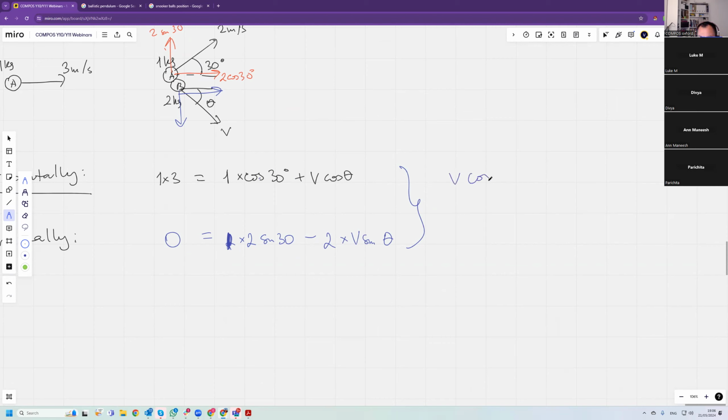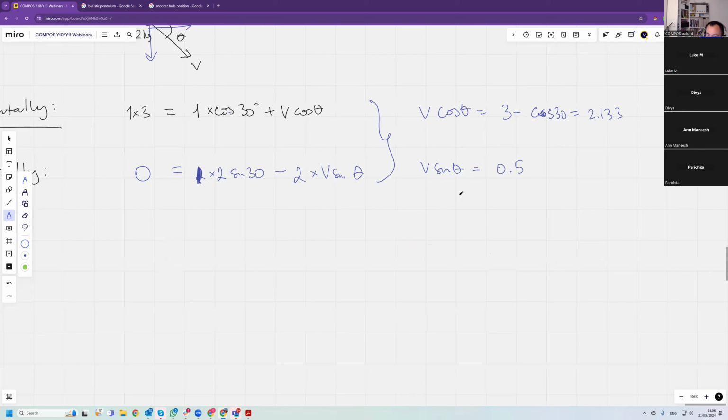So v cos theta equals 3 minus cos 30, which is 3 minus square root of 3 over 2, which is 2.133. And v sine theta, from here we can work out that it is 0.5.